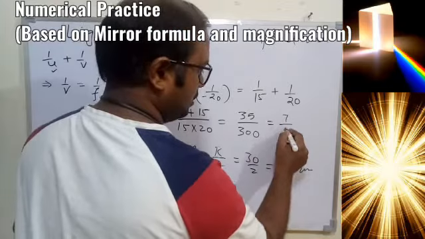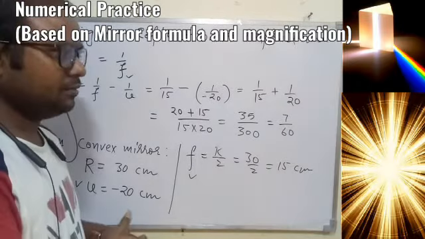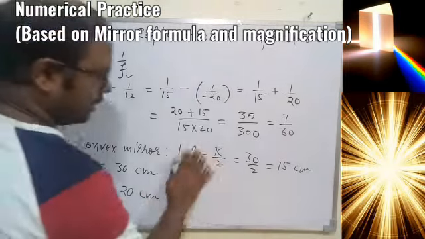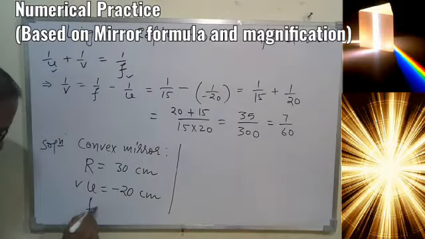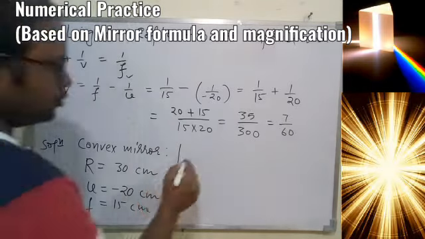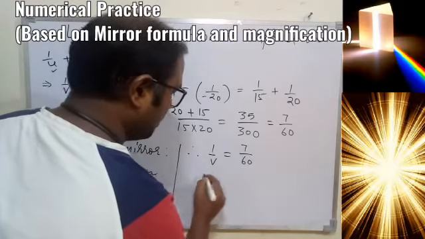So 7 upon 60. I don't think we can divide it further. So we got the image distance. Let's erase this portion and write down here. We have focal length 15 centimeter. Therefore 1 upon v is equal to 7 upon 60.